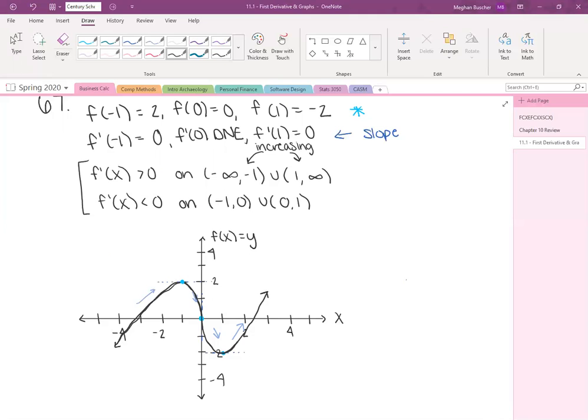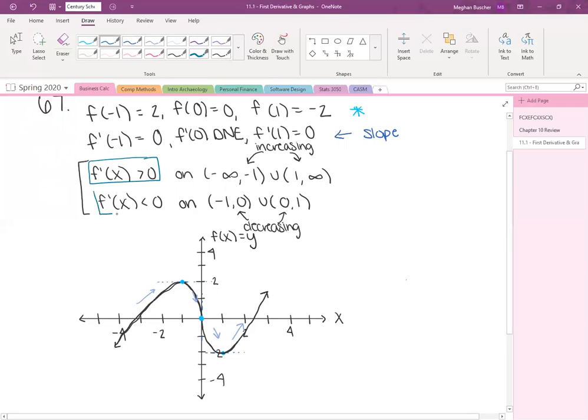But that's where the derivative is positive. And then similarly, here we're decreasing from -1 to 0, and then 0 to 1. And that is when the derivative is negative.